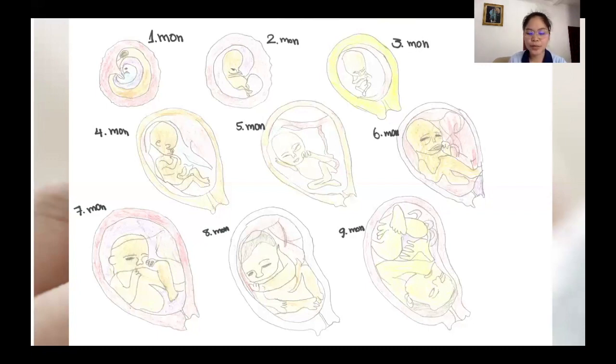And you may notice that the baby is moving less this month because their space is tight. They have tiny space this month. The mother has tiny space for the baby because they are getting bigger, and the baby's position changes to prepare for labor or delivery, ready to be born.